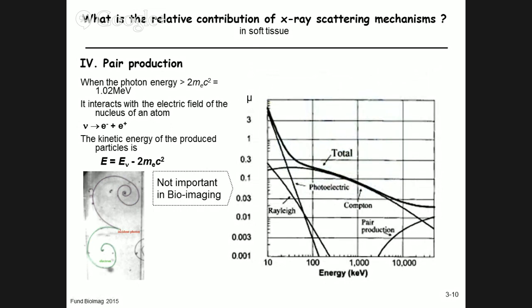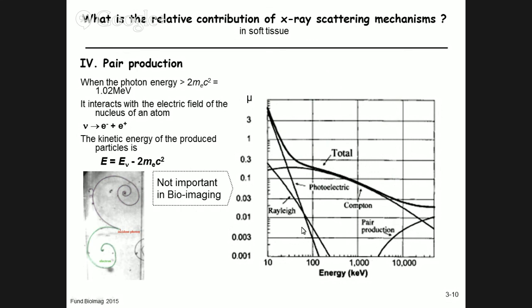Okay, so now if we look at the sum of the effects, we can look at the various effects. Notice here that the y-scale of the linear attenuation coefficient is logarithmic, and on the x-axis we have the energy of the photons in kilo-electron volt.